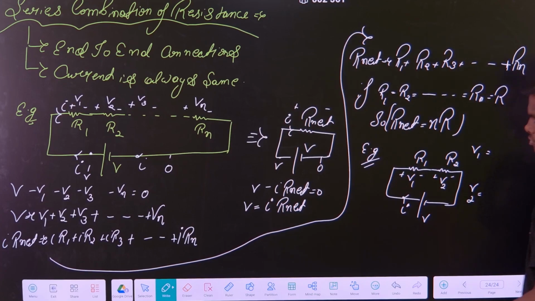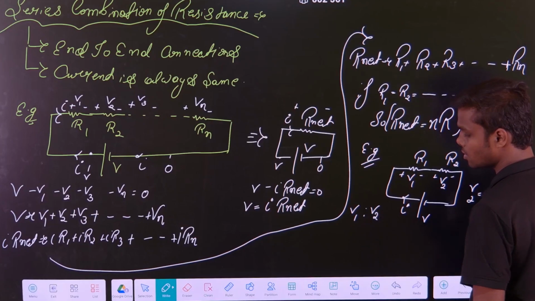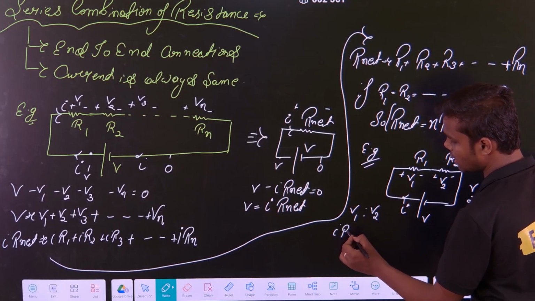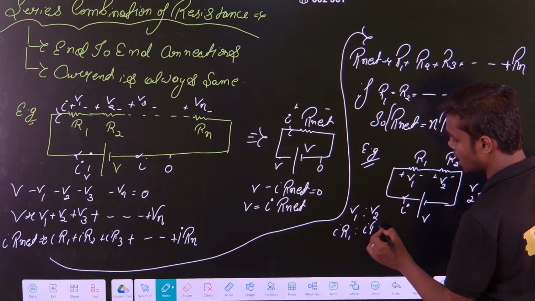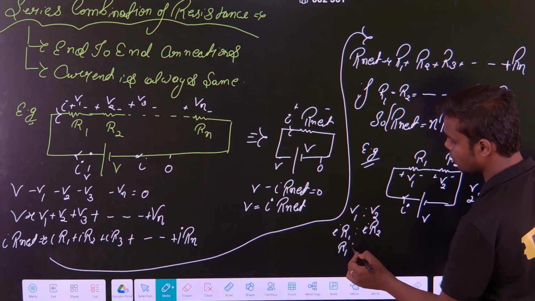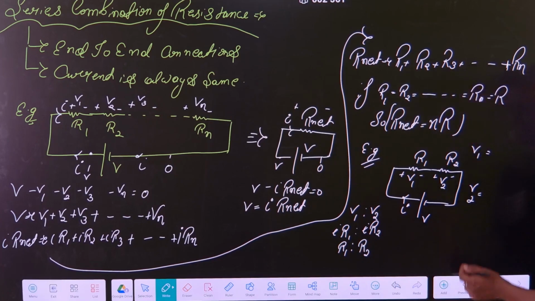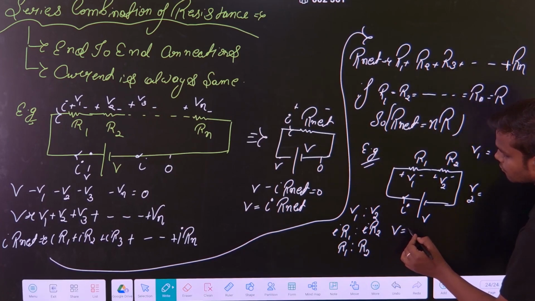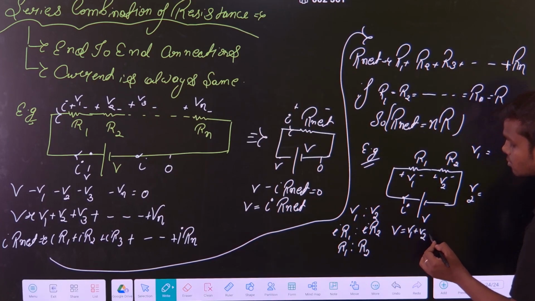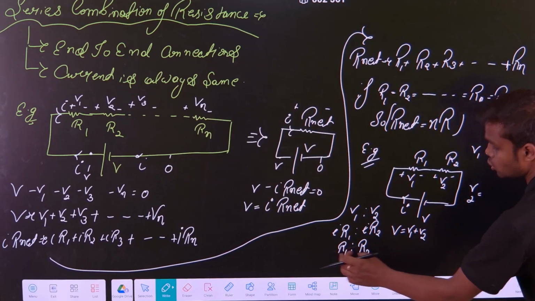See, one thing we know, what is the ratio of V1 to V2? V1 is IR1, V2 is IR2. I will cancel out, so I can say it is the ratio of R1 to R2. And what is my total V? V is equal to V1 plus V2. So I can say my V1 will be in the ratio of R1 to R2.